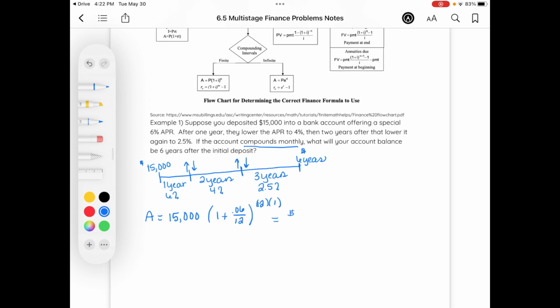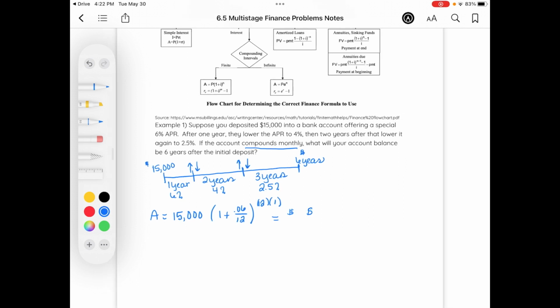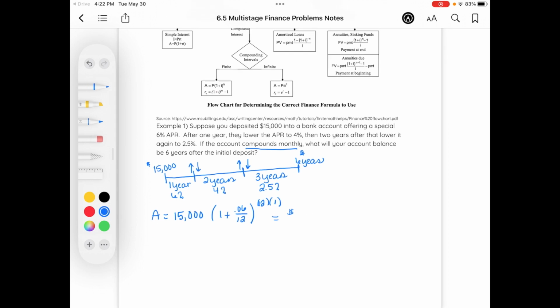And the amount then, I'll let you put that into your calculator. We will have $15,925.17.